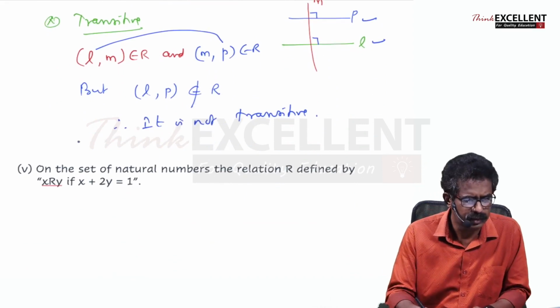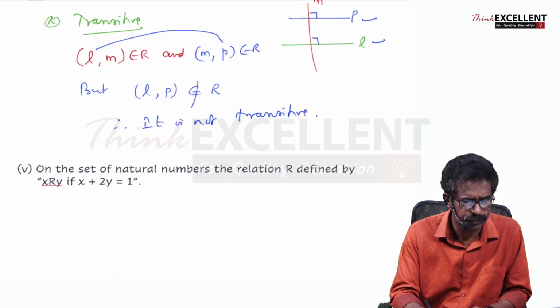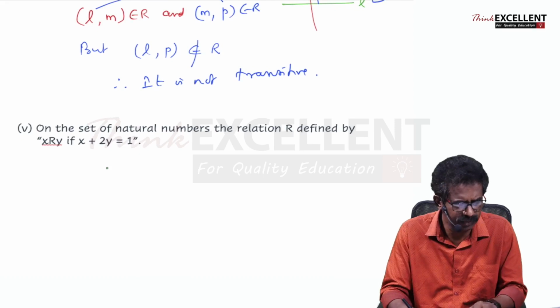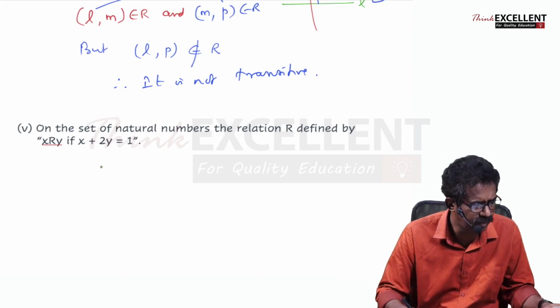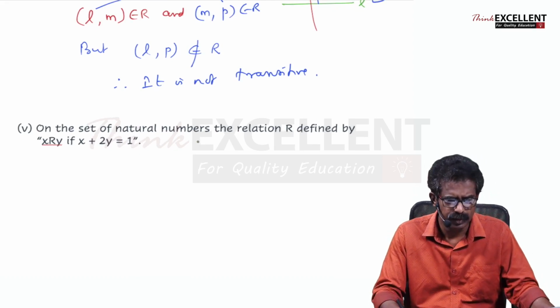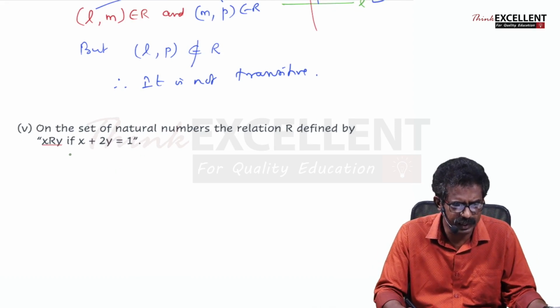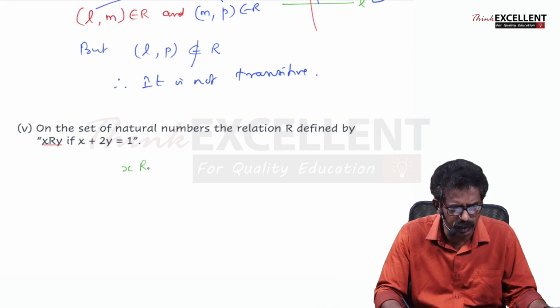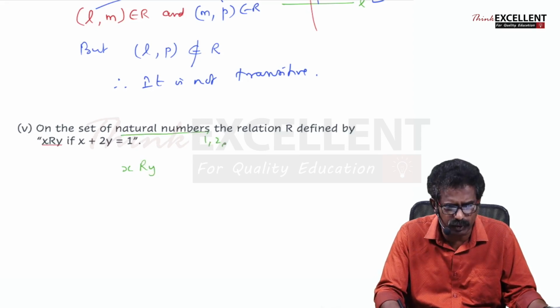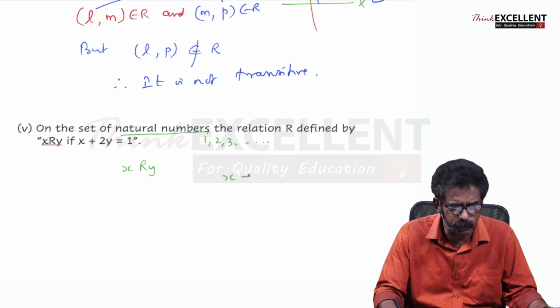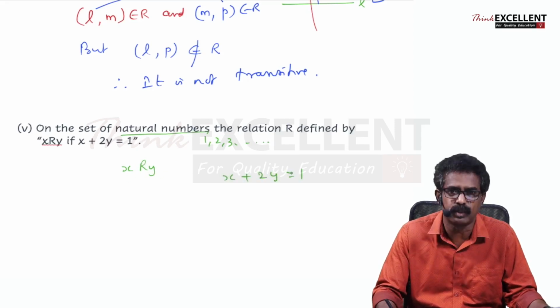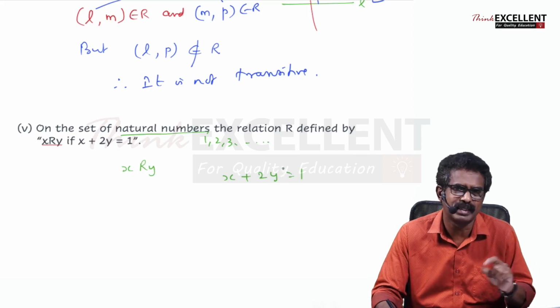Now see another one I am taking. On the set of natural numbers, the relation R defined by X is related to Y if X plus 2 times Y equals 1. Natural numbers start from 1, 2, 3, etc. Can you give one example?